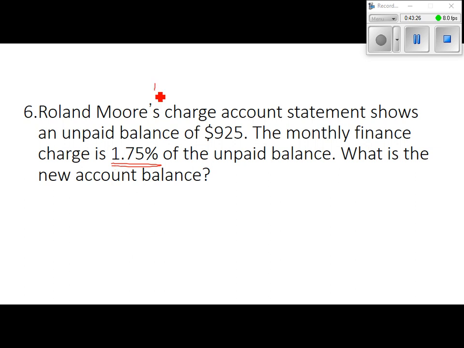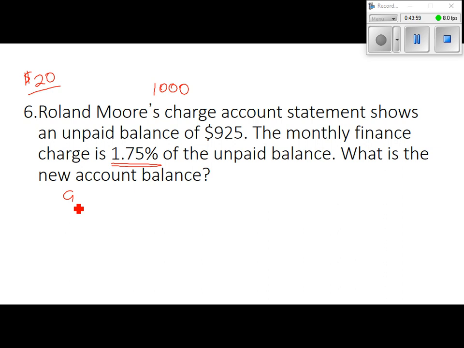So if it was $1,000, how many hundreds are there in 1,000? 10. So 10 times 2 is $20. So the finance charge that we're figuring should be about $20. Probably a little less than that, but somewhere around $20. So if we come up with $200, we know something's wrong. If we come up with $2, we know something's wrong.